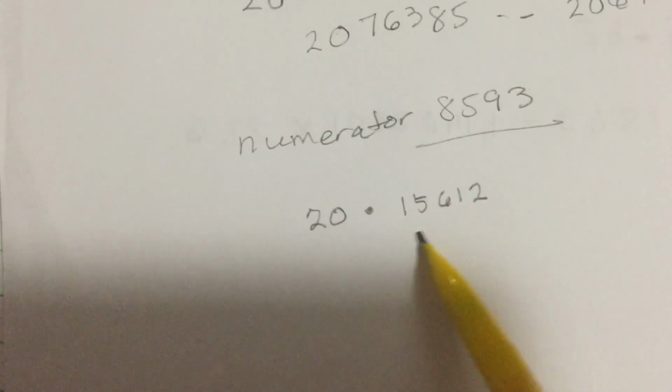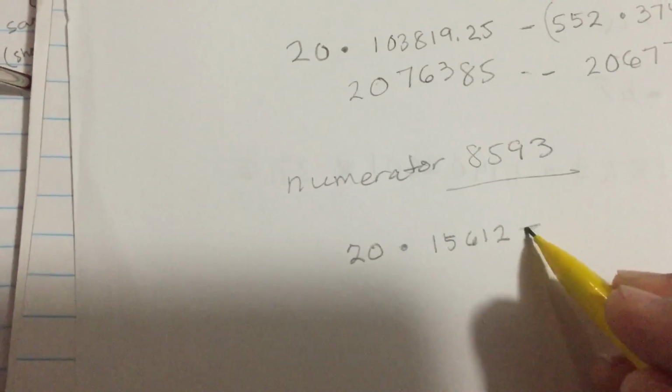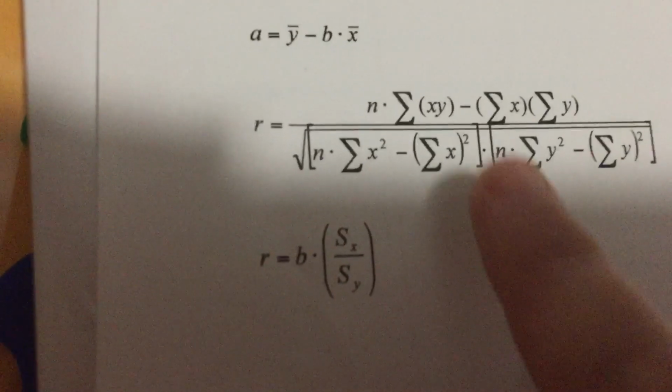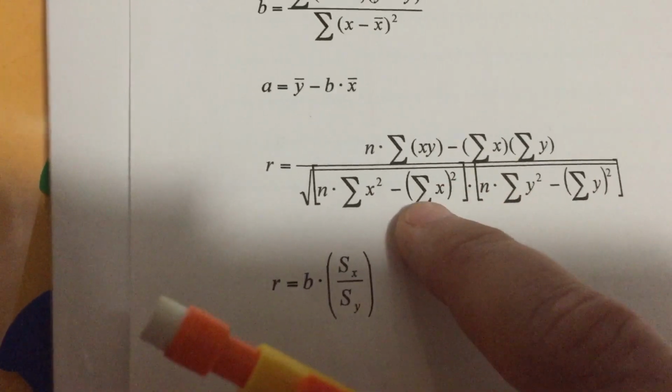Then it says we have to minus the sum of x, and then square that sum.